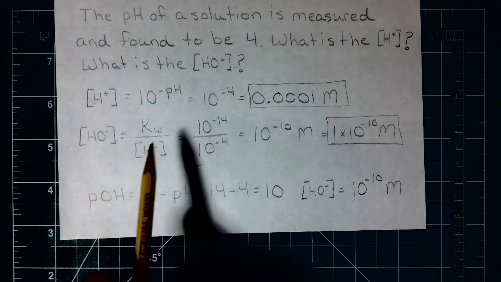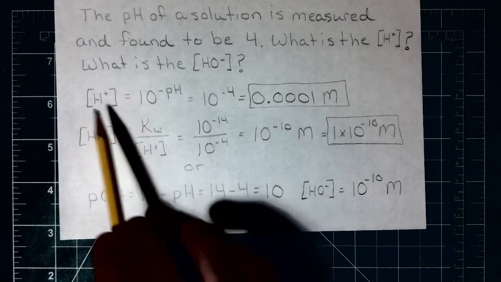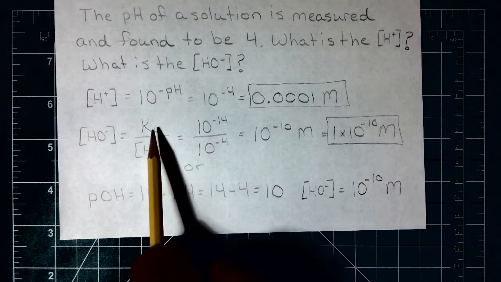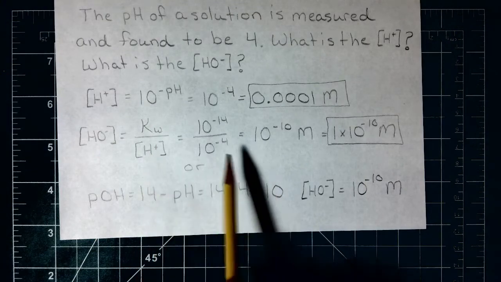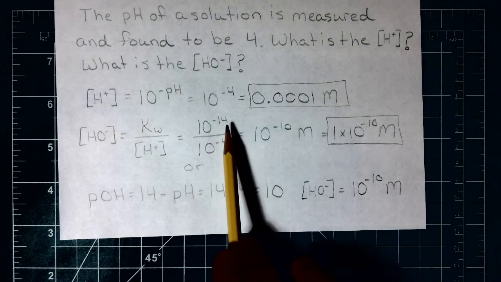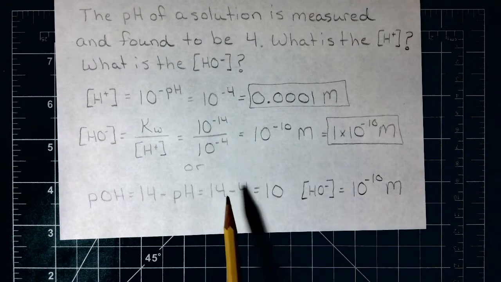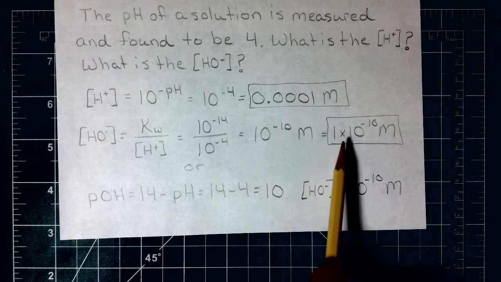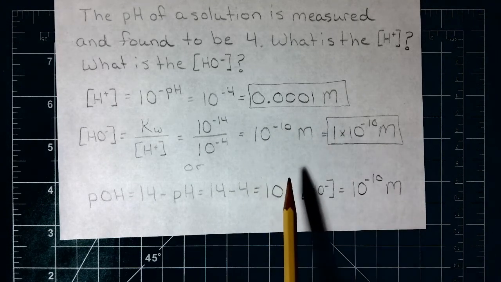And then we can convert this value to the concentration of hydroxide ions by using this formula, Kw divided by the value we just calculated, 10 to the negative 14 divided by 10 to the negative 4, and we get 10 to the negative 10 molar, or 1 times 10 to the negative 10 molar.